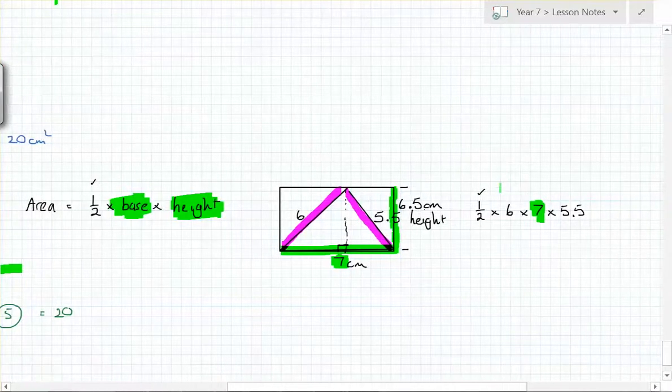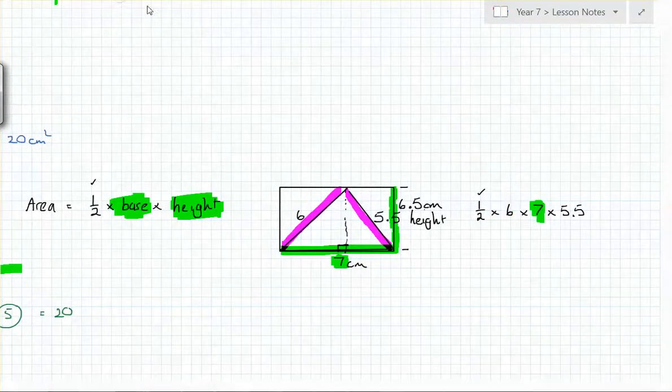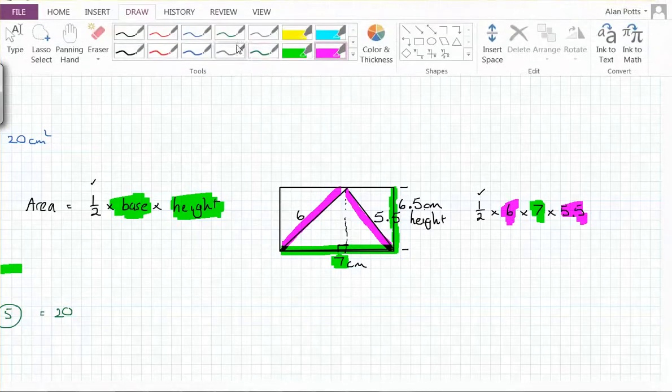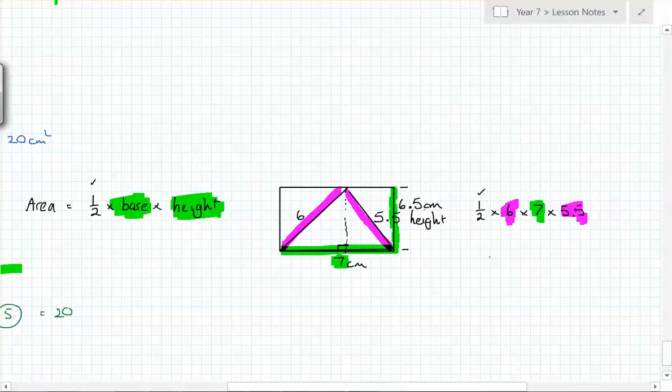So do we agree that the 6 and 5.5 we don't need? We kind of forget about them. So we have to rewrite our thing as the area is a half times 7 times 6.5.